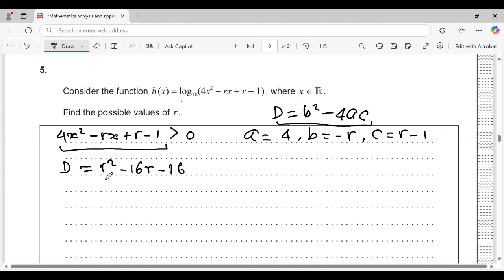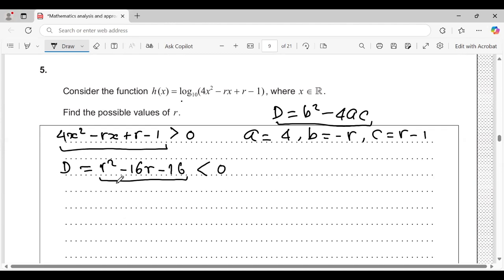And for the quadratic expression, if you want to find the value always positive or always negative, the discriminant must be negative. If negative, it means this expression must be less than 0.